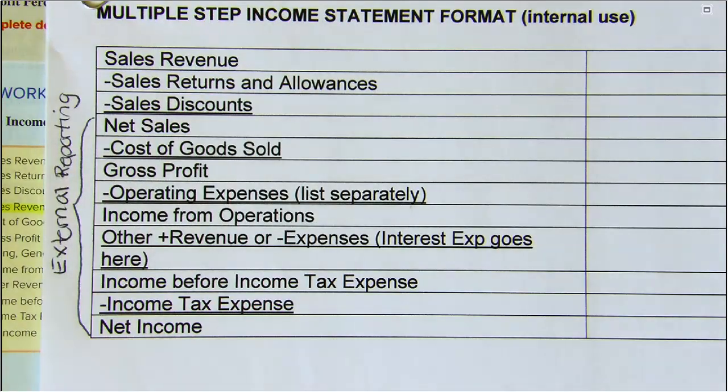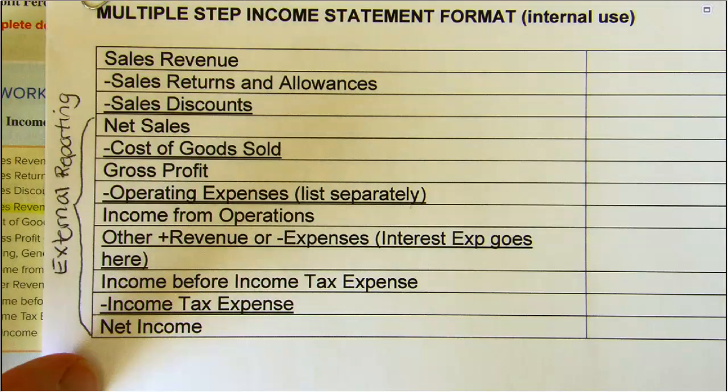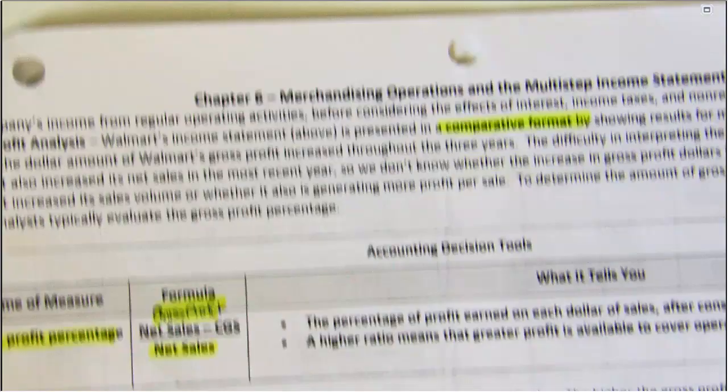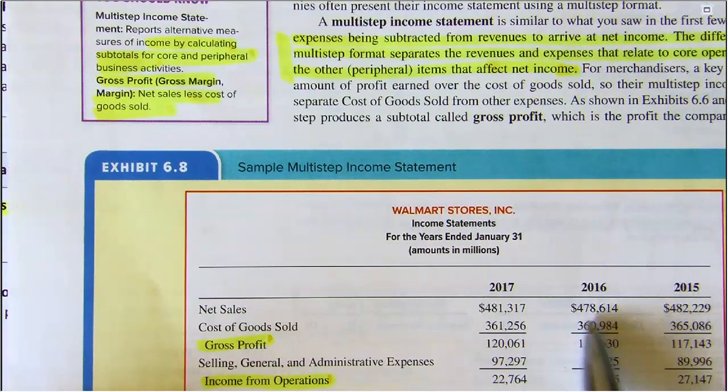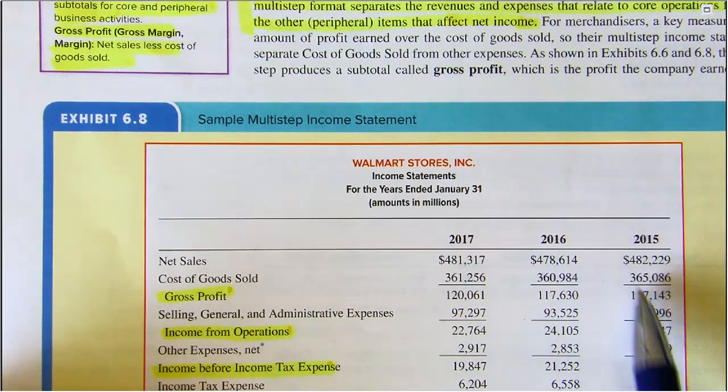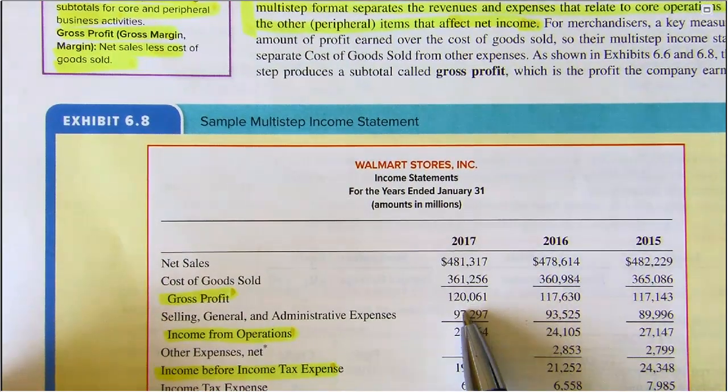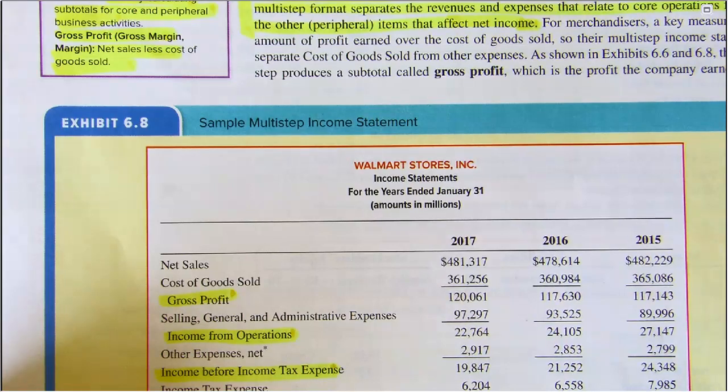Before we go on to our problem solution, let's take a look at one more thing. We said comparative statements are helpful because it allows you to compare that company from period to period. For example, gross profit. How much gross profit is increasing from period to period? The problem with looking at whole dollars is when you want to compare a company that's much smaller to Walmart, or even comparing Walmart to itself when there's significant growth, or when there's lack of growth and a company is actually making less money and taking less in net sales.